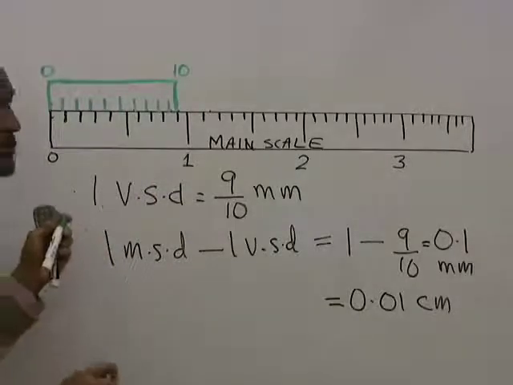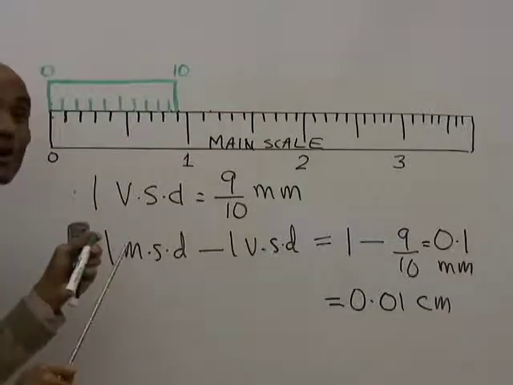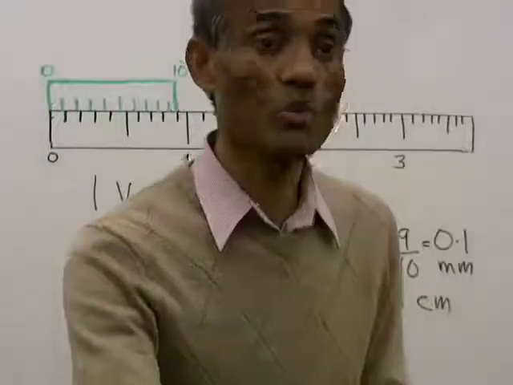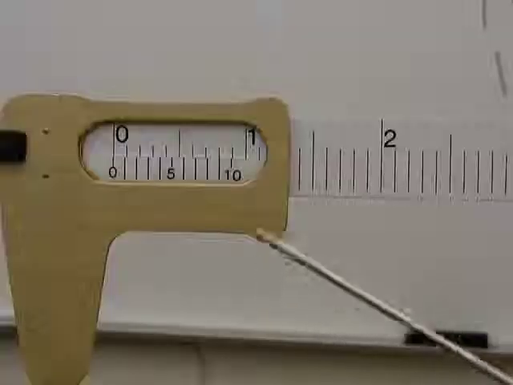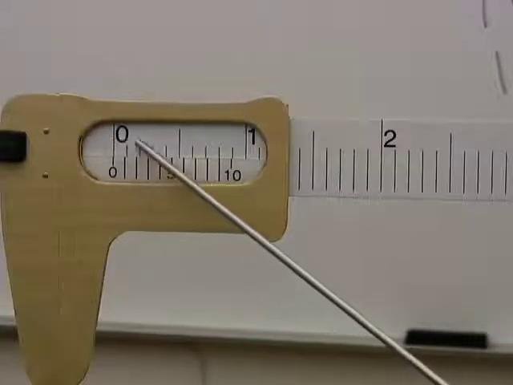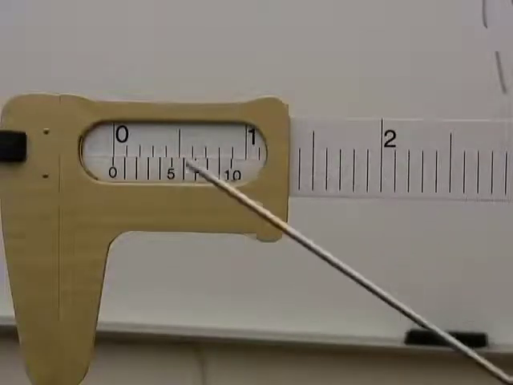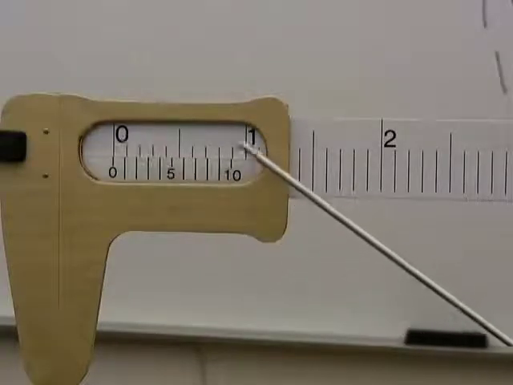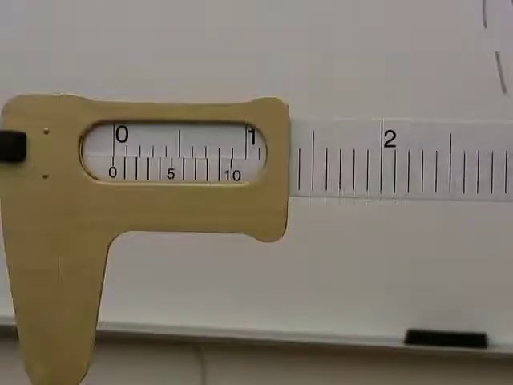Alright, I'm now going to show you the model of a vernier, and I can ask you more questions based on that. Here I have the model of a vernier scale. If you look here, this is the main scale. Let's say this is in centimeters, 0, 1, 2, and so on.